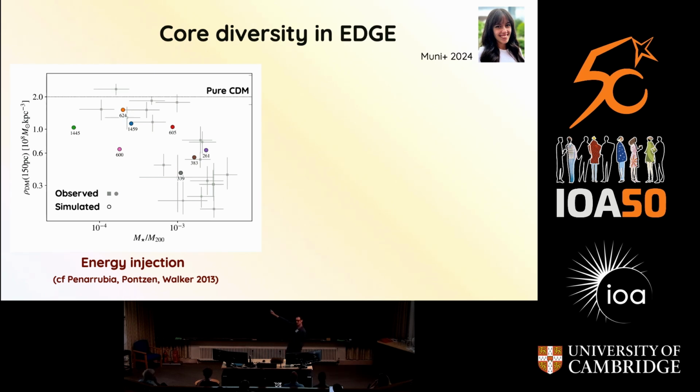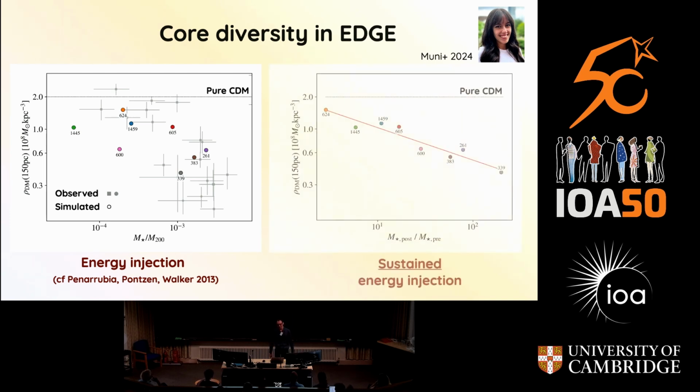So how many stars does a galaxy form relative to its overall mass on the x-axis, and what's happened to its dark matter mass on the y-axis. But actually, this work is on the archive today, by the way, from my PhD student Claudia Mooney. A much better way to look at this is not so much the total amount of stars that you formed as a fraction of the dynamical mass, but more about what does the star formation history look like overall.